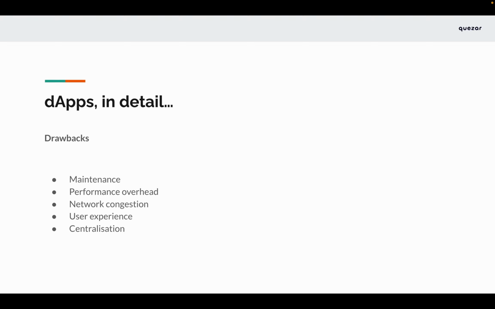When one dApp uses too many computational resources, the entire network gets clogged up. Currently, the network can only process about 10 to 15 transactions per second. And if too many people are using the Ethereum network, you can see that a simple transaction of sending Ether from one account to another, which would cost anywhere between $1 to $2 normally, can go up to $50 to $100 in terms of gas fee.